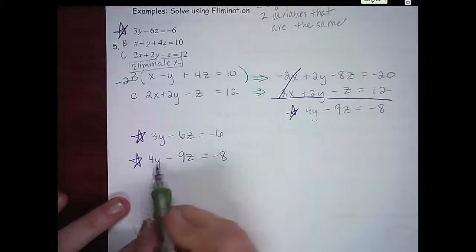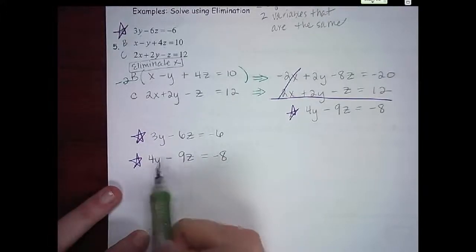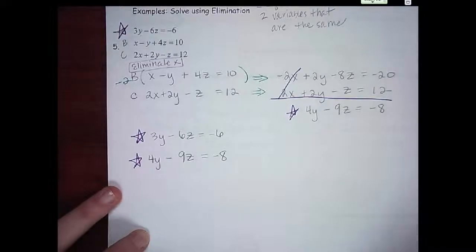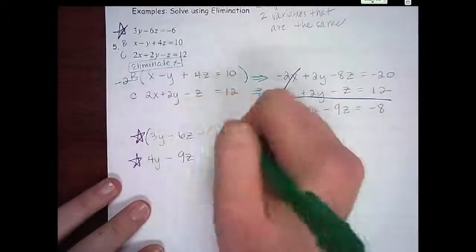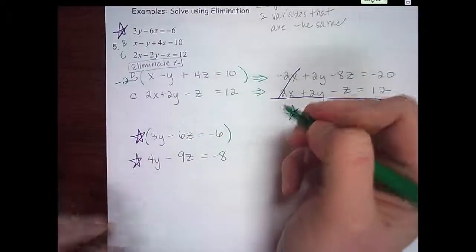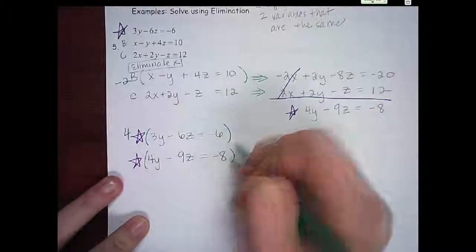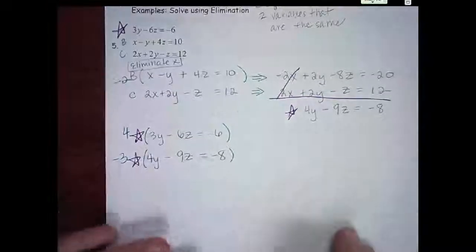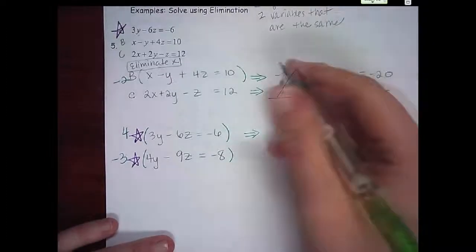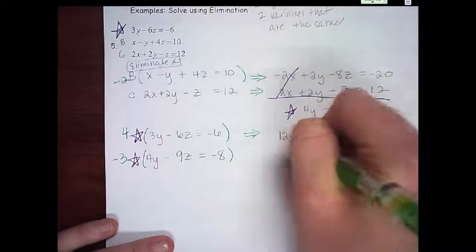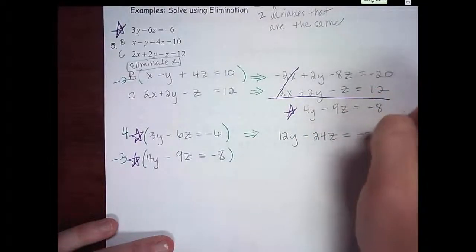Okay, this is like your regular elimination. I want to get rid of either the y or the z. It doesn't matter which one. I'll do the y. So what's common between 3 and 4 is 12. So I'm going to multiply this one by a 4, and I'm going to multiply this one by a negative 3. And I'll go over here to the right. So this becomes 12y minus 24z equals negative 24.